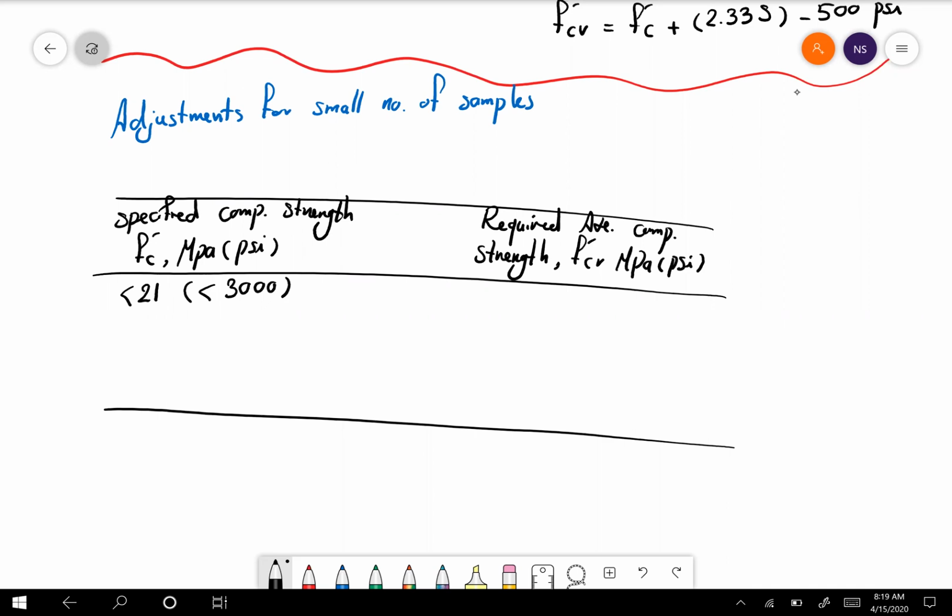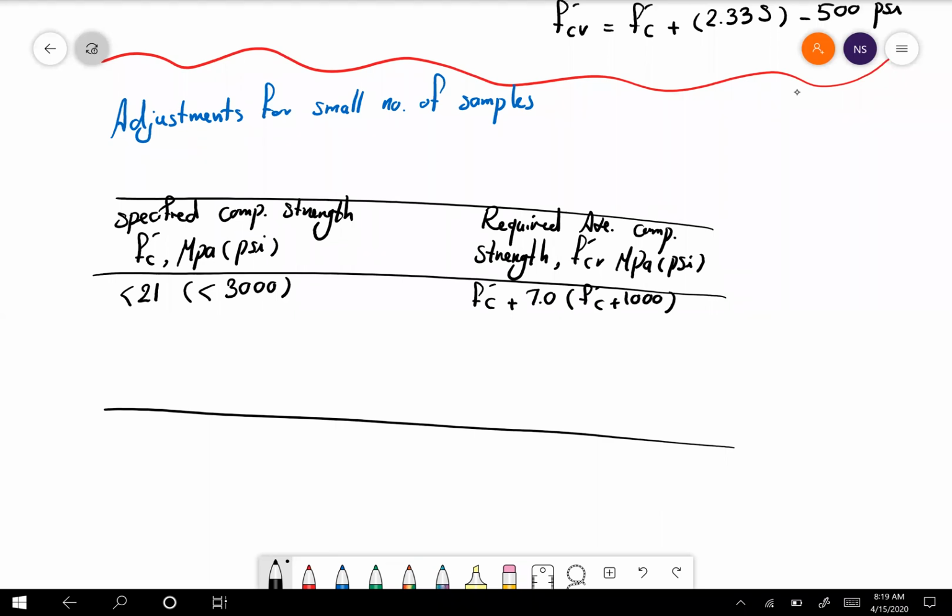So if you have less than 3000 psi, then F prime C average is F prime C plus 7 or F prime C plus 1000.